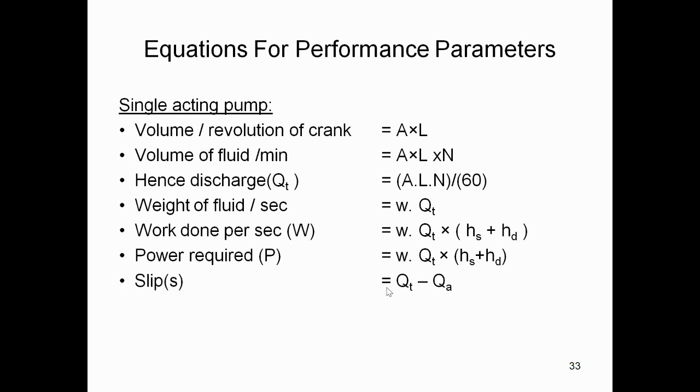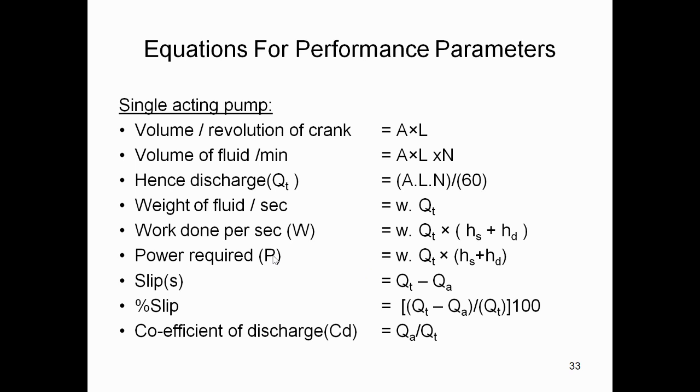Next, slip S is equal to Qt minus Qa. Percent of slip is equal to Qt minus Qa by Qt into 100. Next, the coefficient of discharge, Cd, is equal to Qa by Qt.